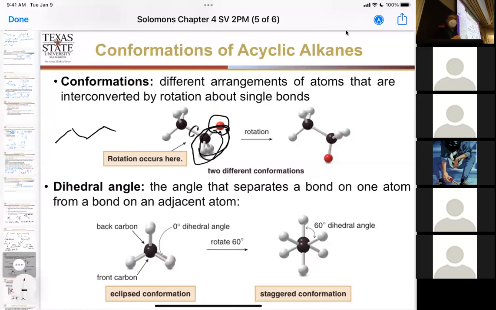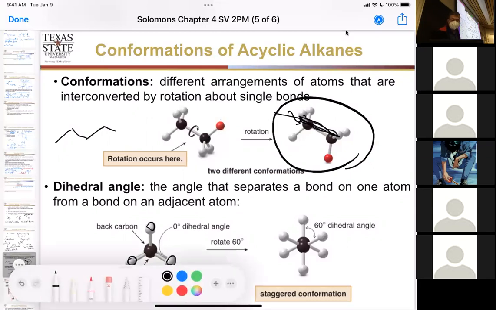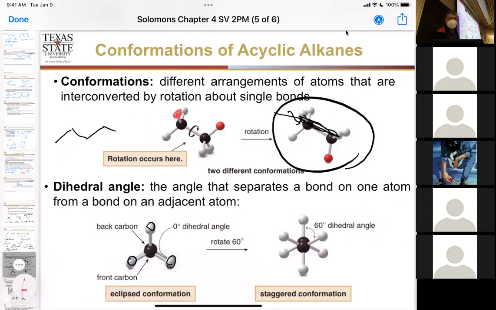Now, if it rotates around such that they're together like this, and we looked at it on end, we would see that this one right here has all of the hydrogens lined up. We call the angle between the hydrogen on one atom, through the carbon, through these, the angle difference in those 4 atoms, the dihedral angle, okay?